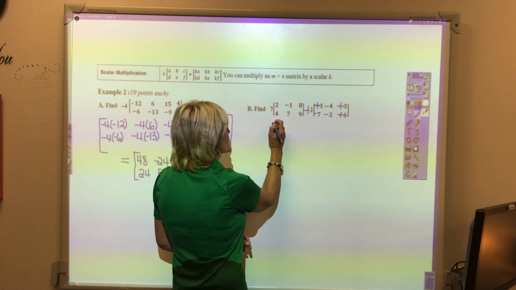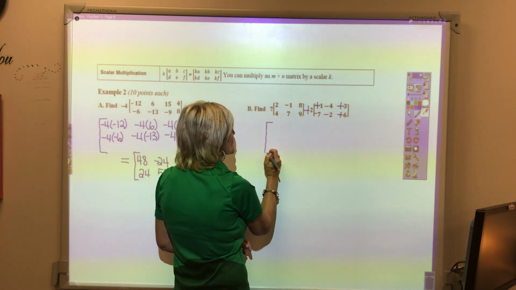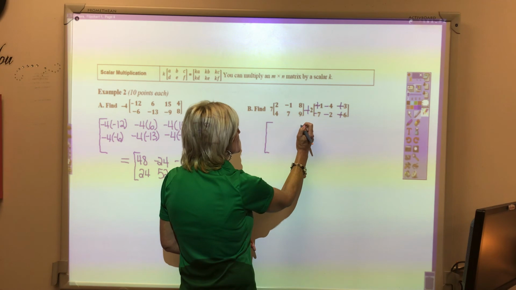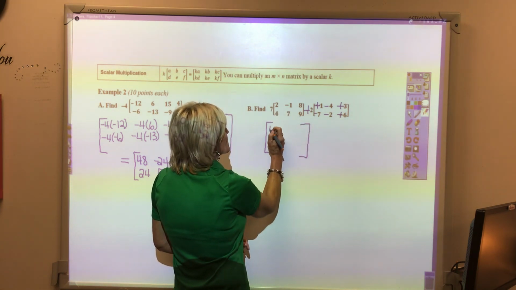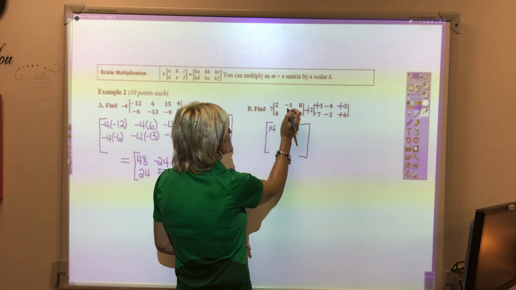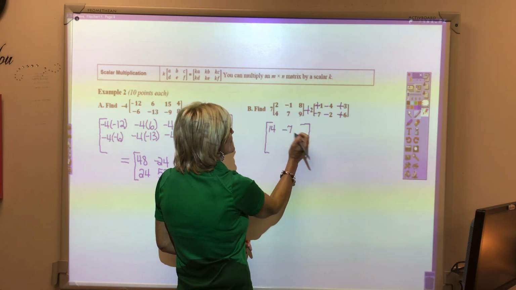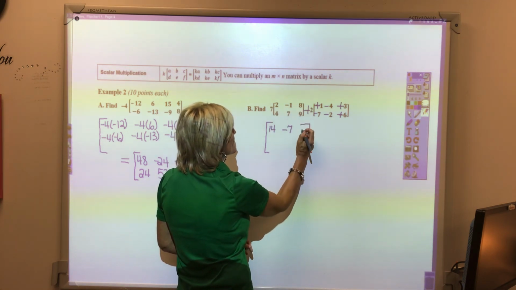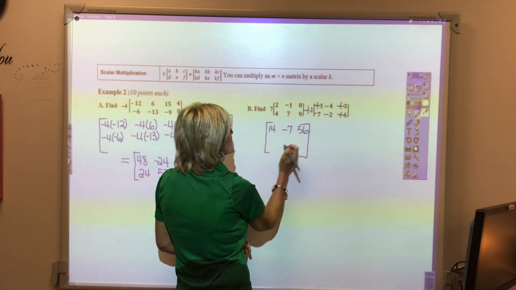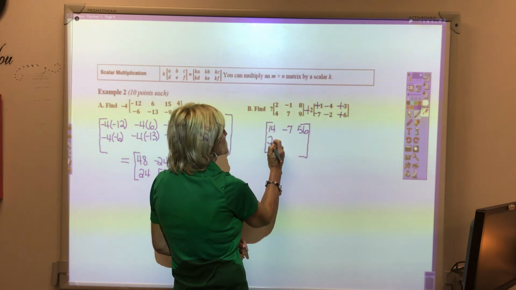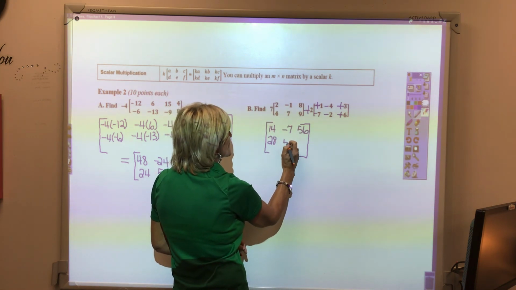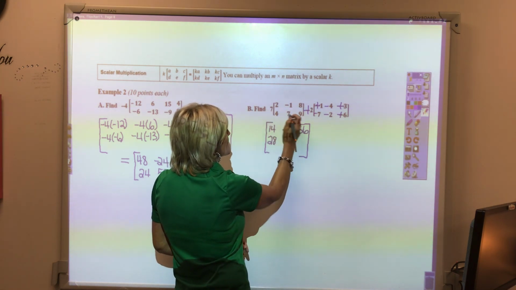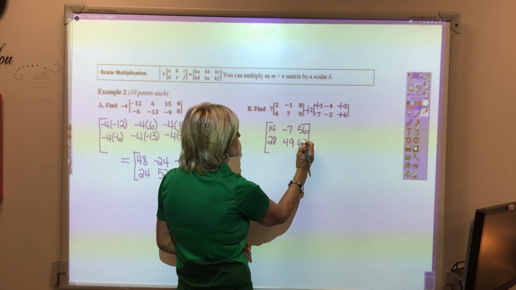So when I write this, as I multiply, I'm going to write the result in here. 7 times 2 is 14. 7 times -1 is -7. 7 times 8 is 56. 7 times 4 is 28. 7 times 7 is 49. 7 times 9 is 63.